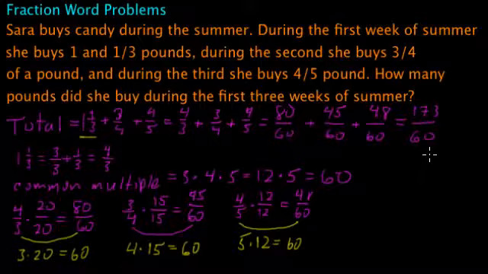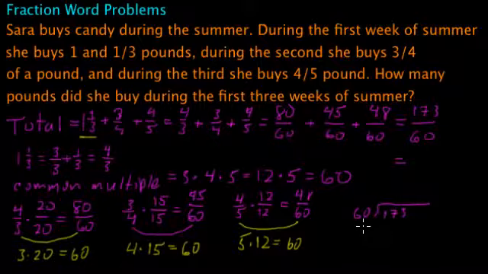Well, now 173 60ths is an improper fraction because the numerator is greater than the denominator. So let's go one more step and determine what we would have if we were to write this as a mixed number. To do that, I'll employ long division to see how many times 60 goes into 173.